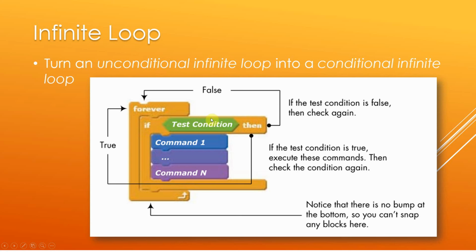If the test condition is false, then we go back to the forever loop. If the test condition is true, then we run through these blocks and then go back to the forever loop. You should notice that at the bottom of a forever loop there's no bump, like this or this or this, which means we can't put anything underneath or at the bottom of a forever loop.